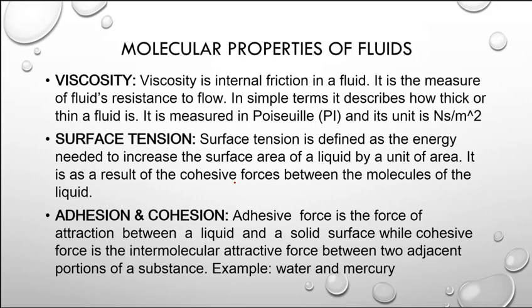If you observe, there are some fluids that insects can walk on. What makes it possible for insects to walk on those liquids is surface tension. Surface tension deals with the compact arrangement of molecules of that particular liquid. So that is what surface tension is.